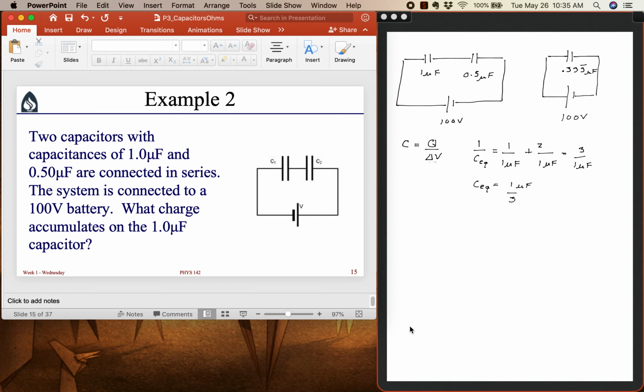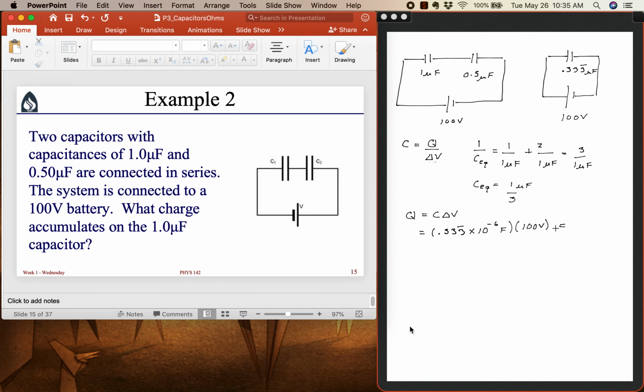So if I rearrange this equation to find charge, Q is equal to C delta V, and I have 1/3 or 0.333 microfarads, so that's times 10 to the minus 6 farads, and then the potential difference across this capacitor would be 100 volts.